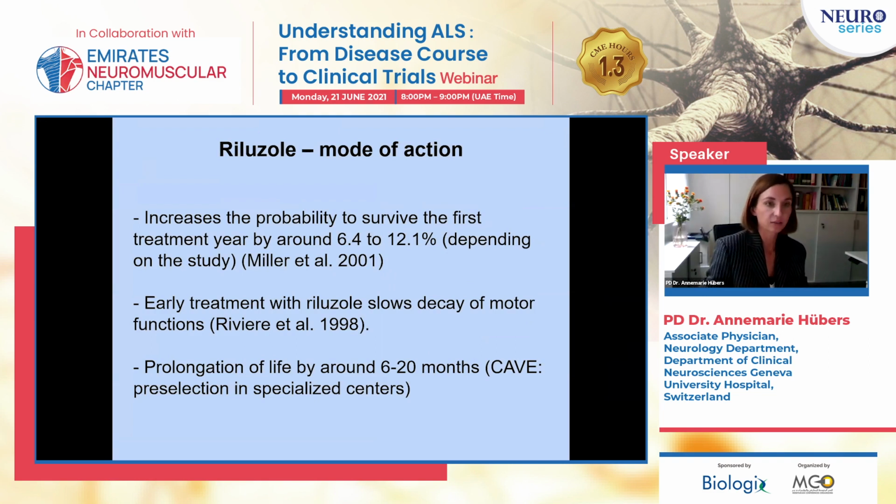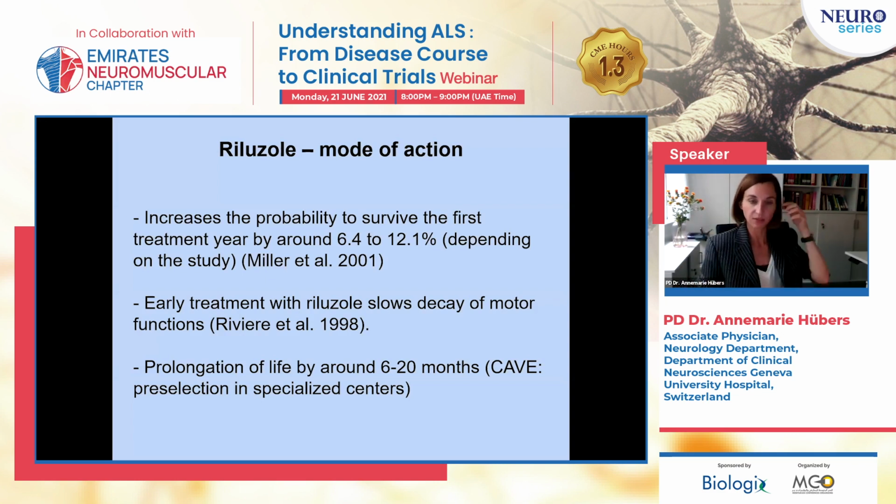An early treatment with Riluzole slows the decay of motor functions, and the prolongation of life has been shown to be around 6 to 20 months. And there's also a very wide range.